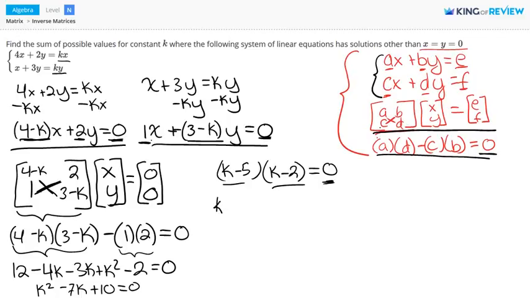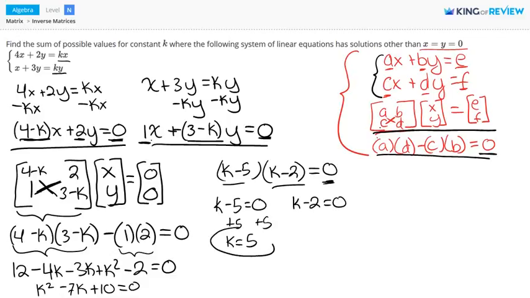So we can set each of these terms equal to 0. So k minus 5 equals 0, and k minus 2 equals 0. Now solve for k. We'll add 5 on both sides. So we have k equals 5, and we'll add 2 on both sides, and we get k equals 2.